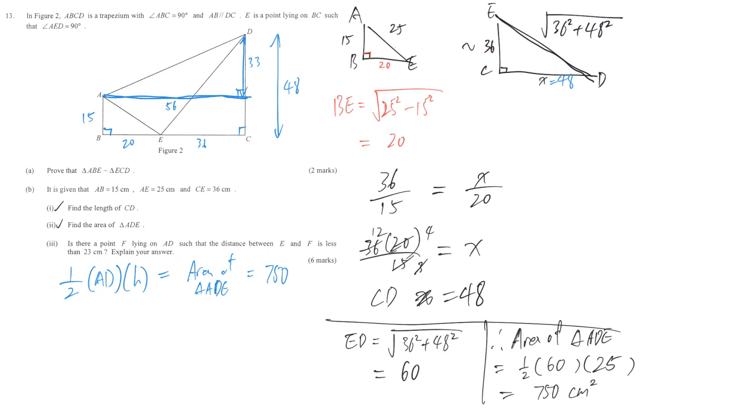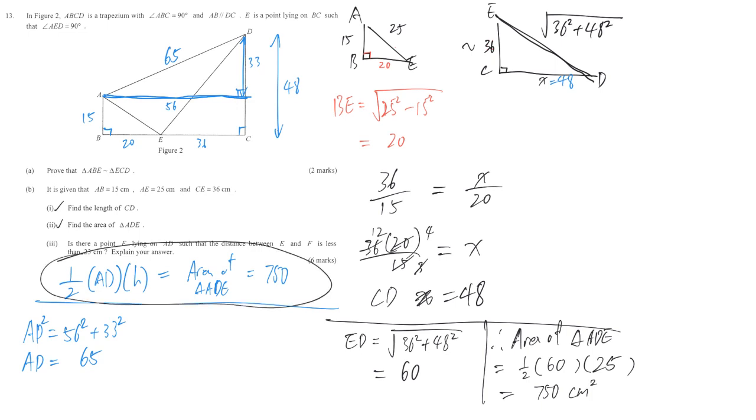So we can use AD squared is equal to 56 squared plus 33 squared to find out what AD is. Then we find AD is 65. Okay, this is 65.